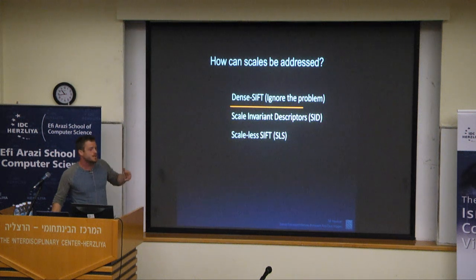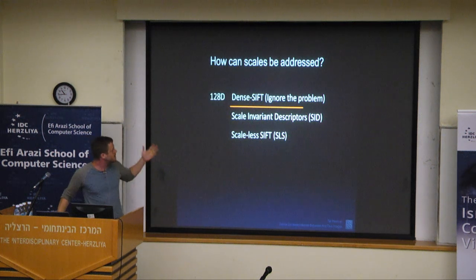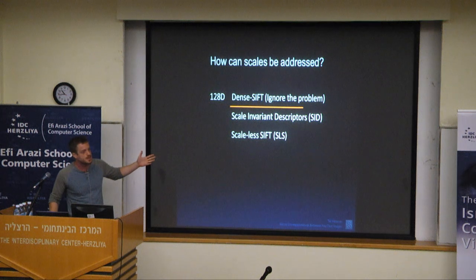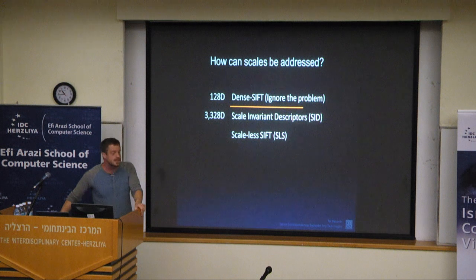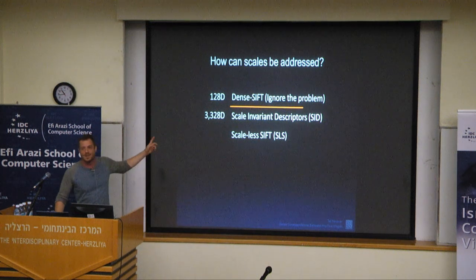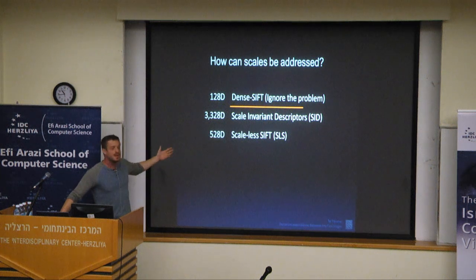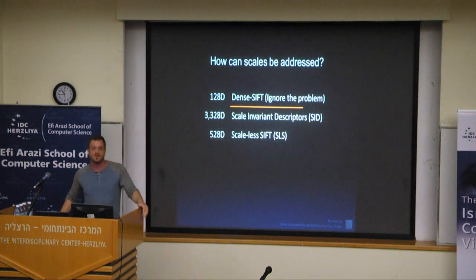But this ability comes at a price. You remember I mentioned that dense SIFT is 128 dimensions, SID is 3,000 dimensions. Now, the SLS, I won't write this down because it's a big number, but it's a pretty big descriptor. It actually works well with PCA, as we've shown, and could be reduced down to 500 dimensions.